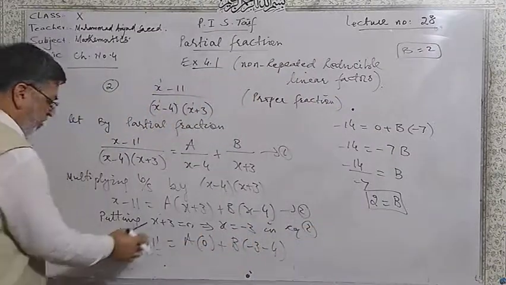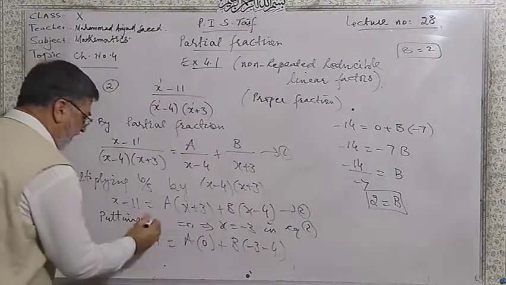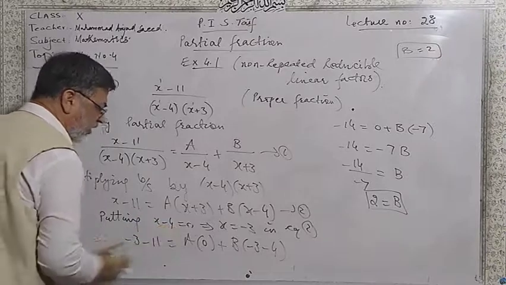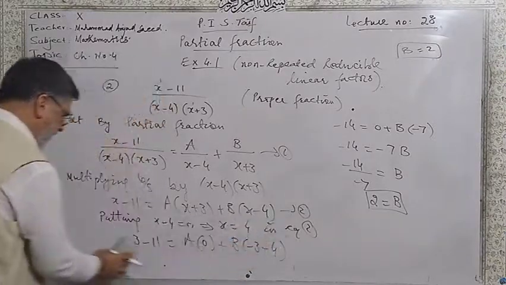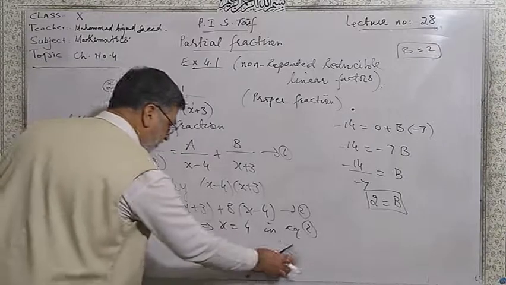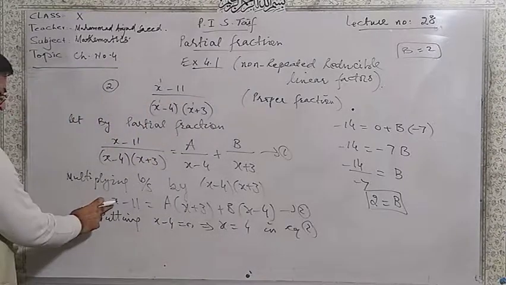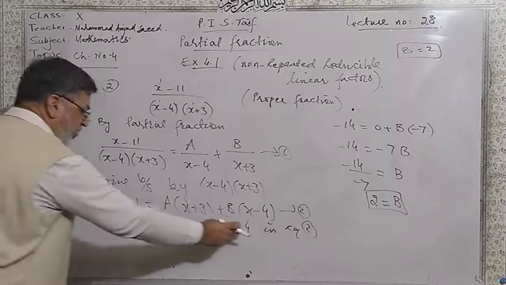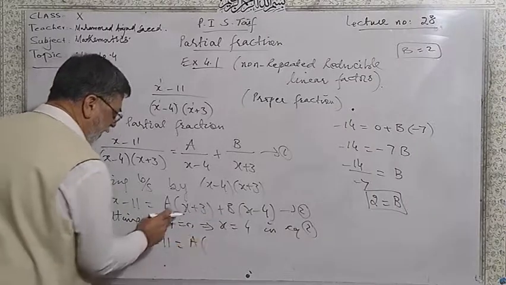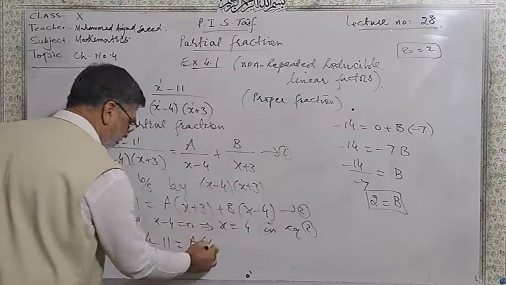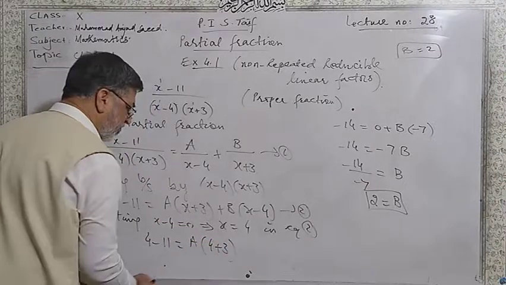Similarly, here putting x minus 4 is equal to 0 implies that x is equal to 4 in equation number 2. So dear students, you can check. Instead of x you will apply 4. 4 minus 11, a into x is 4, 4 plus 3.